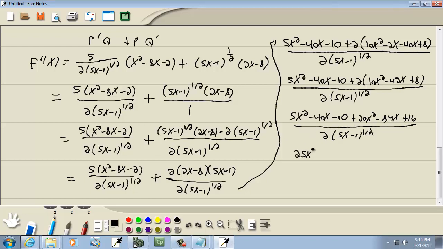I got 25x squared. Negative 40x, negative 84x gives us negative 124x. Negative 10 plus 16 gives us plus 6 over this. Now the hope would be that I could factor out something they have in common, and I don't see anything, so this is our answer.